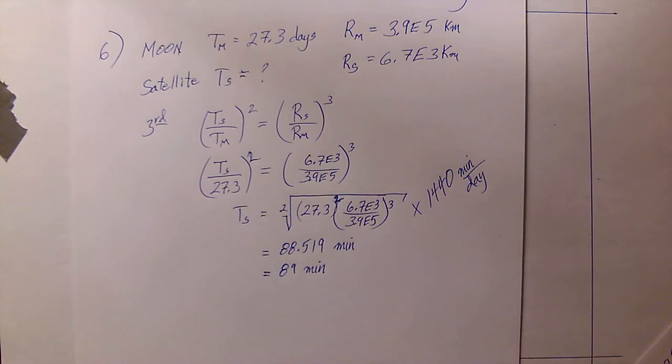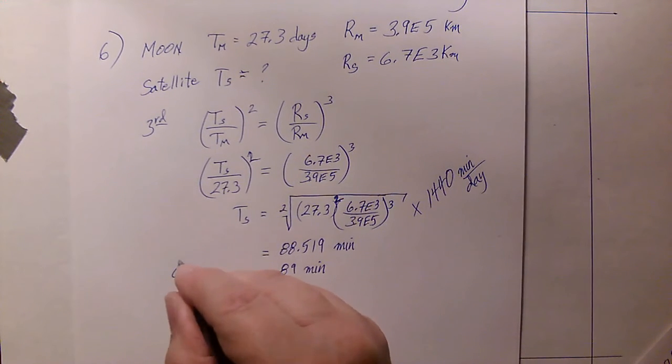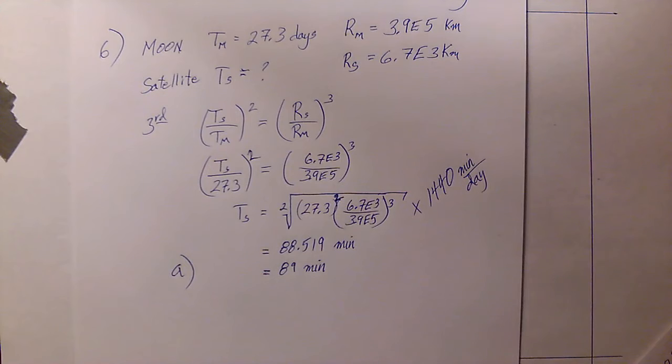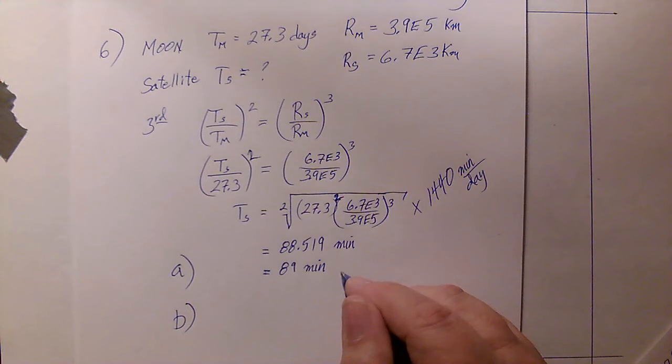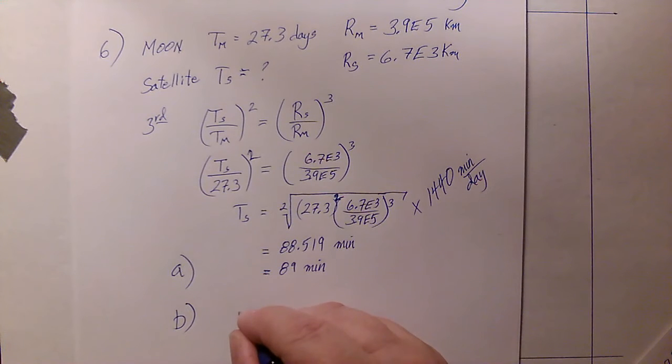Okay, one more problem. Well, there's a B part. This is A part. B part, how far above the Earth's surface is this satellite? Well, for B part, we take this orbital distance, which is RS. So you have to look at it like this.